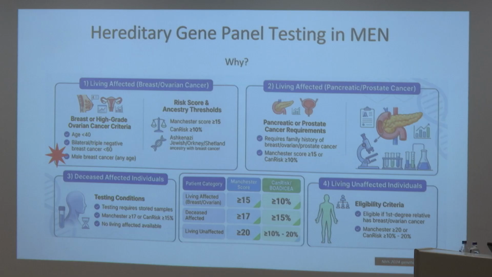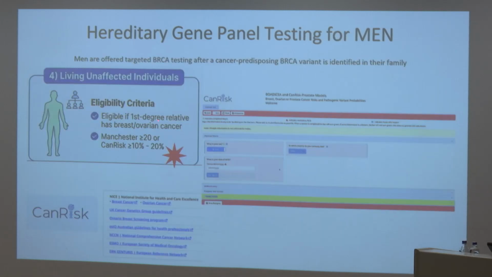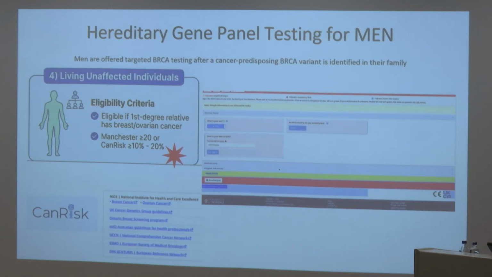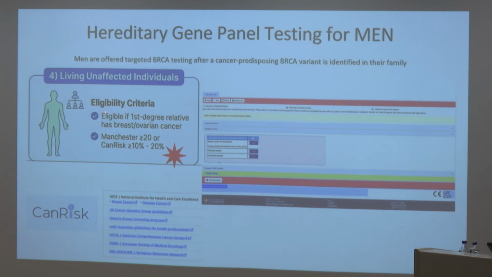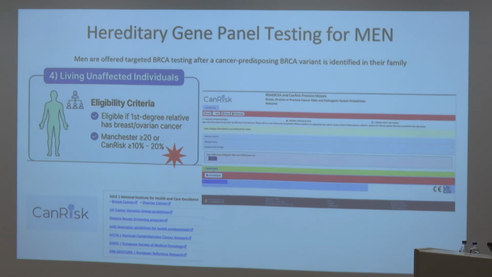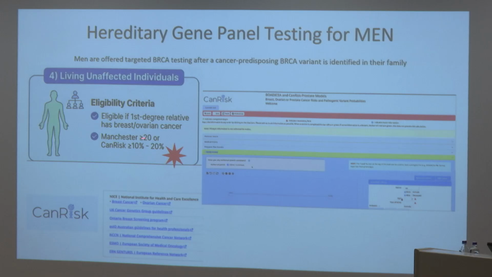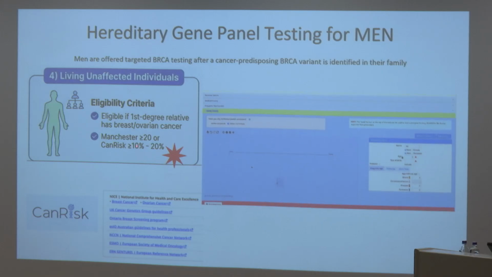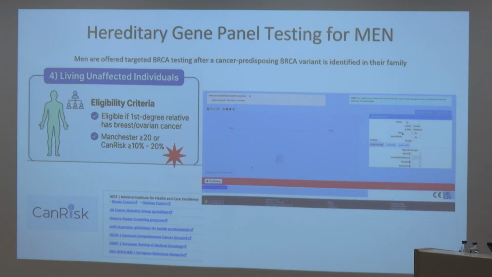We have some recommendations in the literature, country-based recommendations for hereditary gene testing in men. These are the well-known groups, but this is the British NHS recommendation. If a healthy man has a first-degree relative with breast and ovarian cancer, plus a CAN risk over 10, you can ask for a genetic consultation.